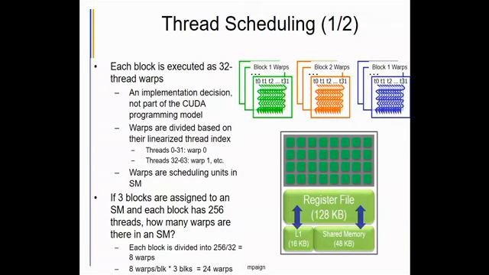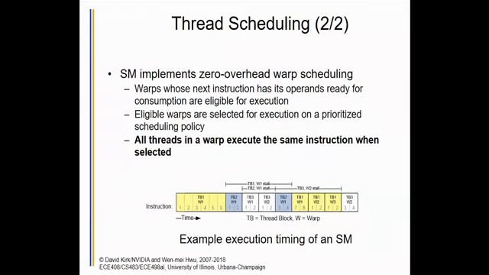It's very simple. It's not a trick question. 3 thread blocks, and each thread block is divided into 8 warps, 256 divided by 32. So the answer is 24. Okay, so it's fairly easy. What that means is that when we assign these 3 blocks into a streaming multiprocessor, these 24 warps are going to be in a pool for execution. They're going to be coming in and out of the real execution units in that streaming multiprocessor.